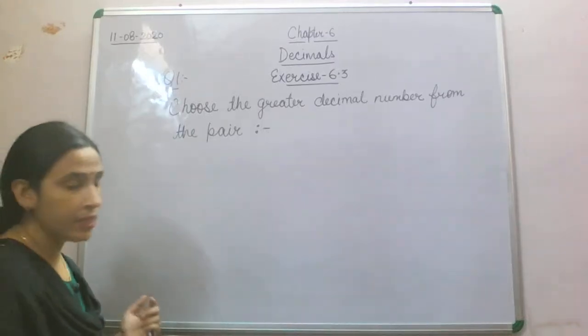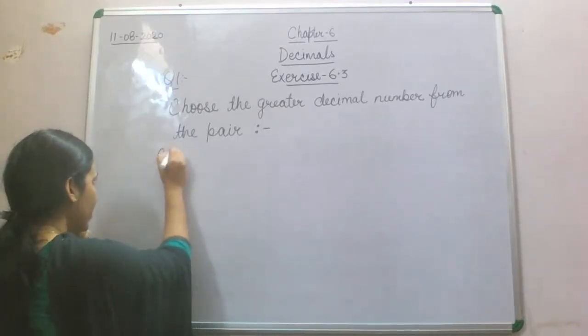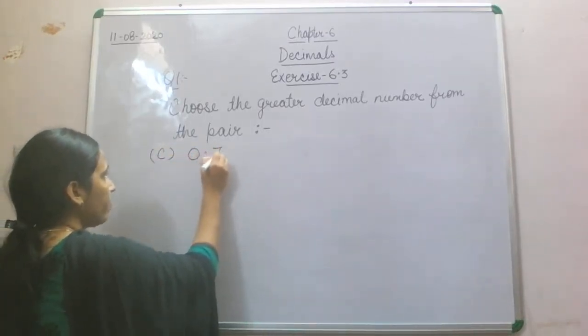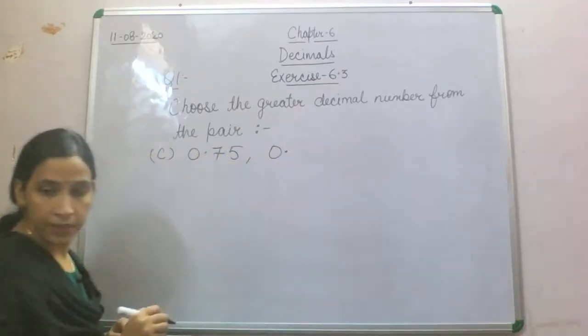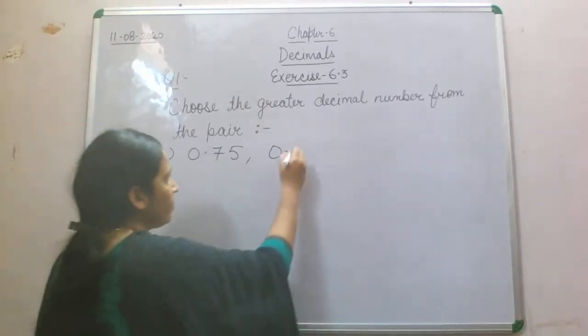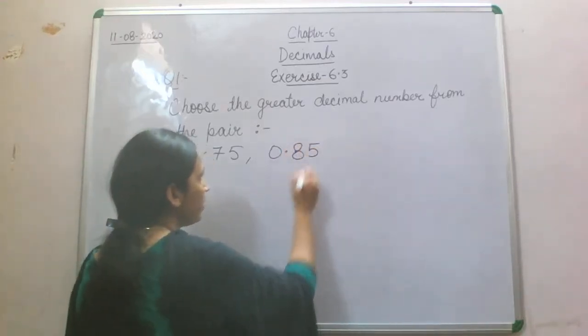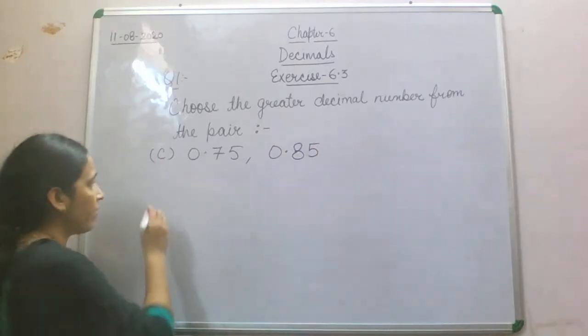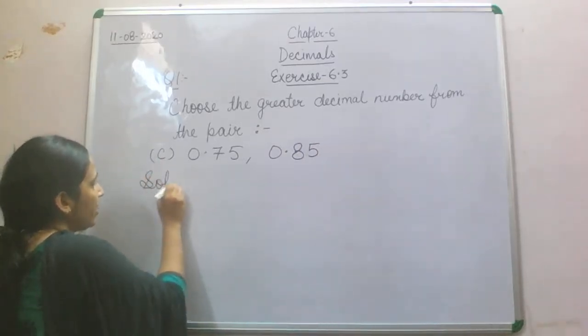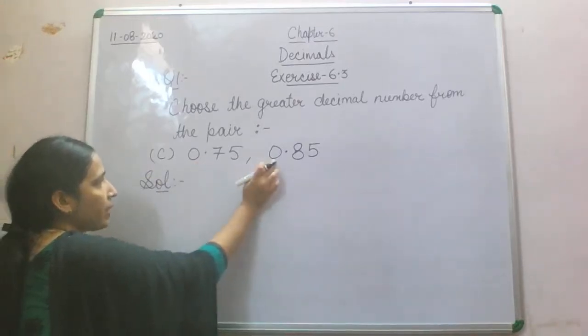So let's see the C part, that is 0.75, comma, 0.85. So let's start this question. As you can see, the whole part is the same in both numbers.